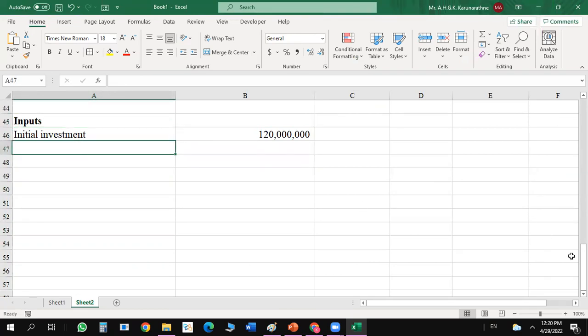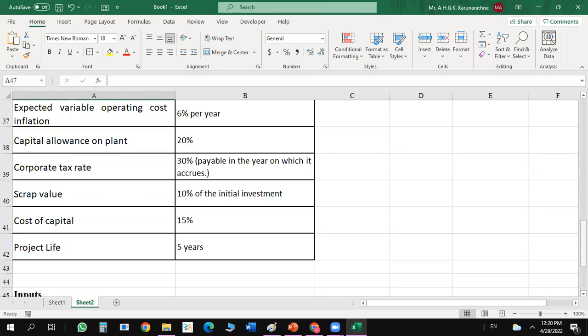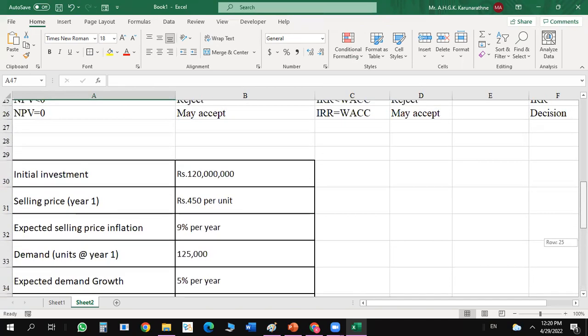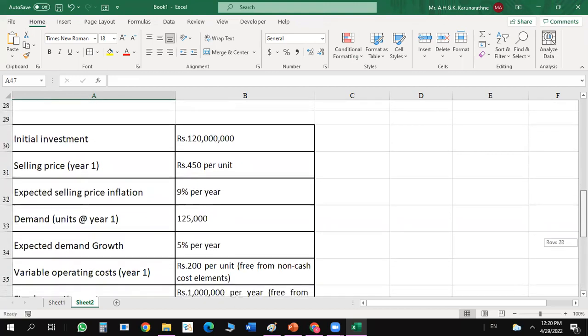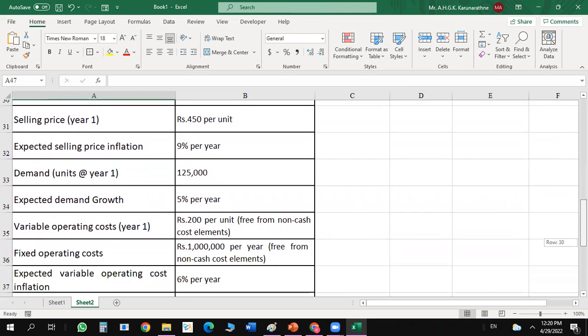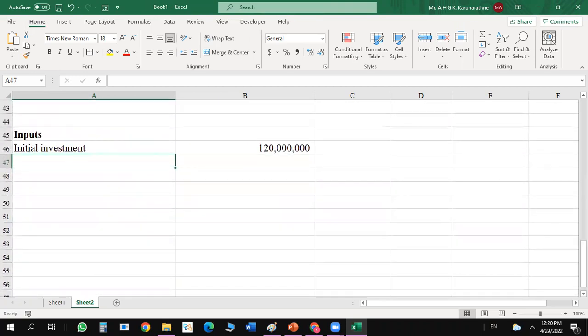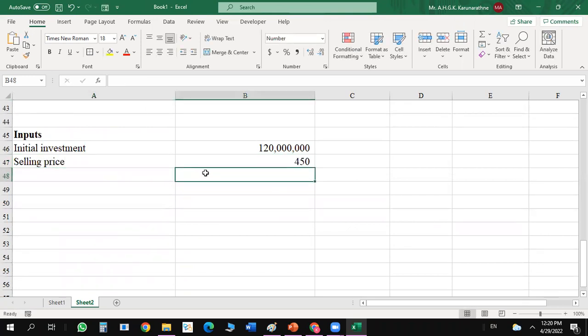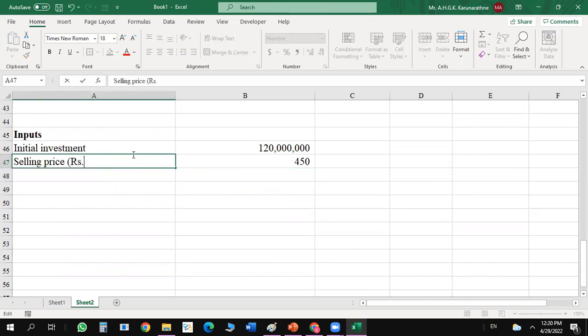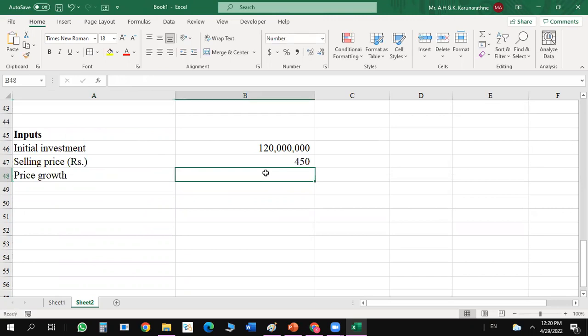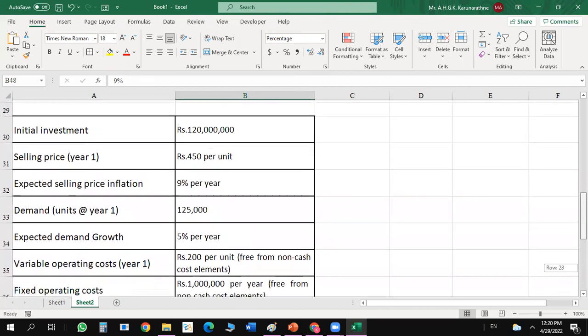Next one. The selling price is 450. Price growth 9%.